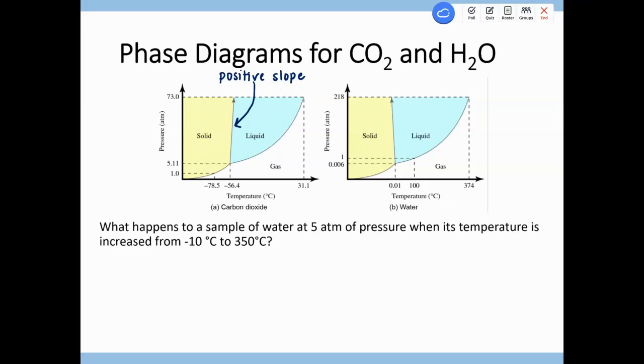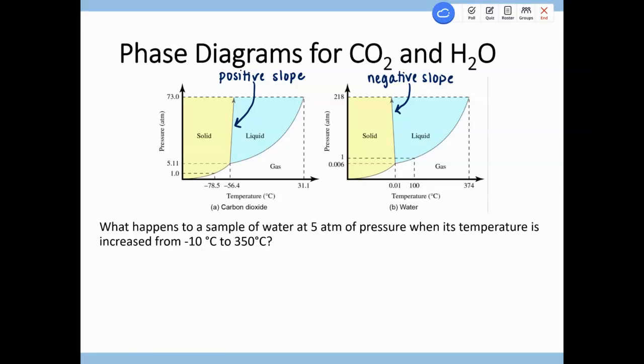For water, that line has a negative slope. So that means if you're adding pressure, even with a low temperature, the solid will become a liquid.